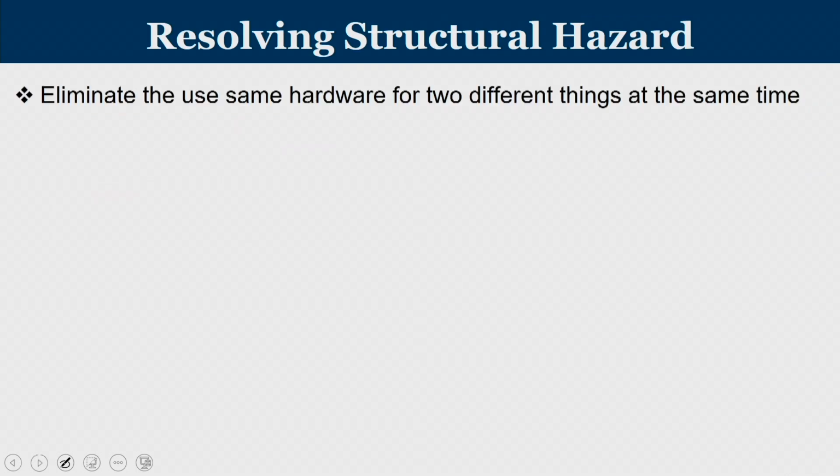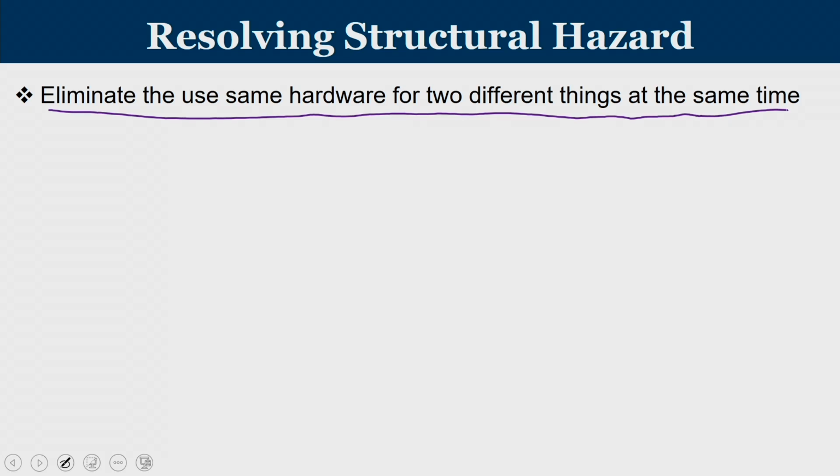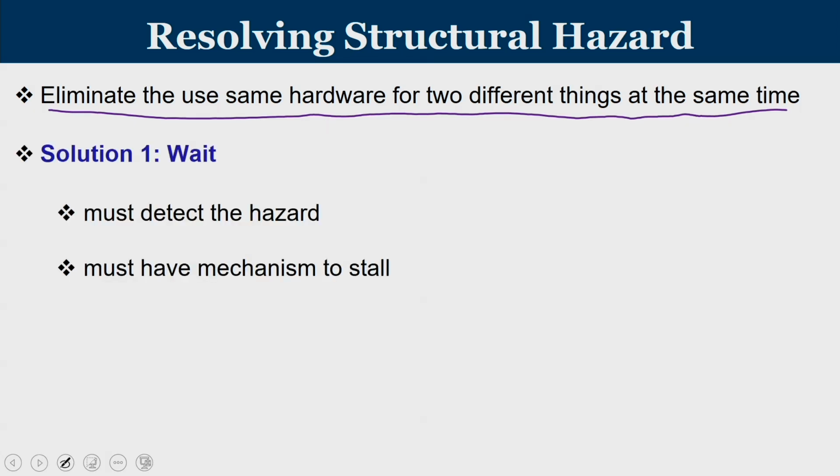To resolve a structural hazard, we have to eliminate the use of the same hardware for two different things at exactly the same time. So, what are the solutions? The first solution is a simple approach: wait.